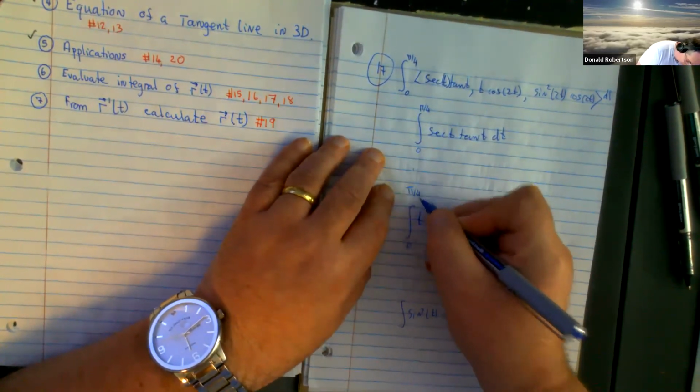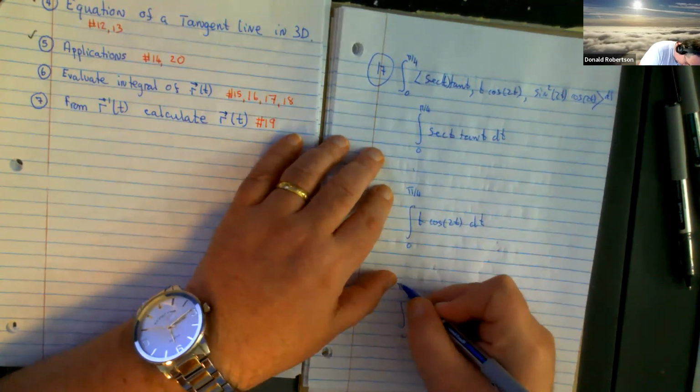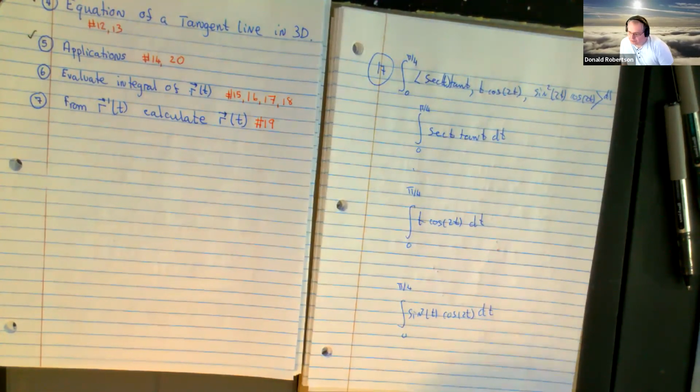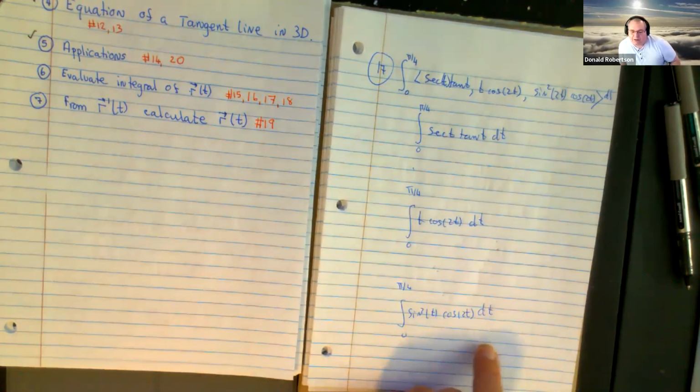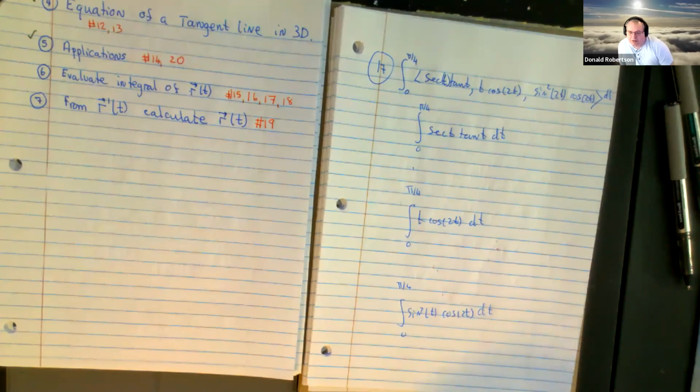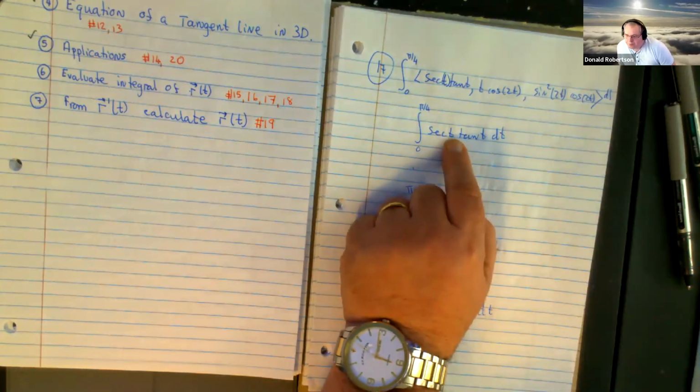This is Calc 2. This is integration. It's just integration 3 times, right? That's all it is. So it's really Calc 2. Each one of these has to be integrated. This one is just, I have a good memory.